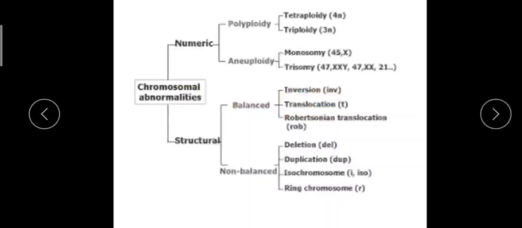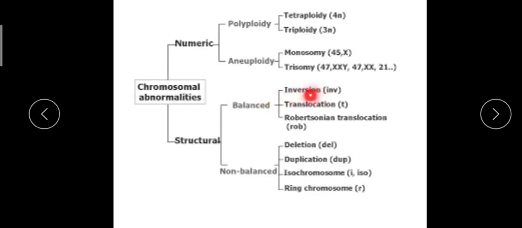So this is an overall flow chart showing different types of chromosomal abnormalities. As you all know, we have completed half of these. Chromosomal abnormalities can be of two types: structural and numerical. Structural changes result from changes in the chromosome, while numerical changes are changes in the number of chromosomes. Structural changes can be balanced or unbalanced.